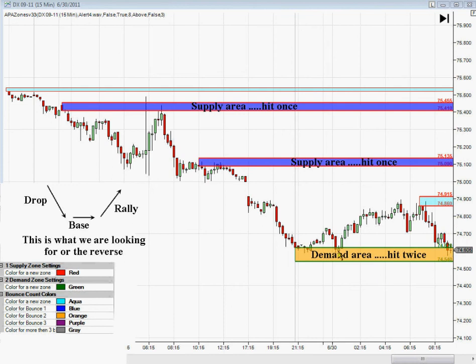So those are the areas that we want to buy wholesale, and wholesale can be either at these high supply areas, and then sell back to them at a retail level. Like down here, this would be a great place, if you were in a short, to sell back.